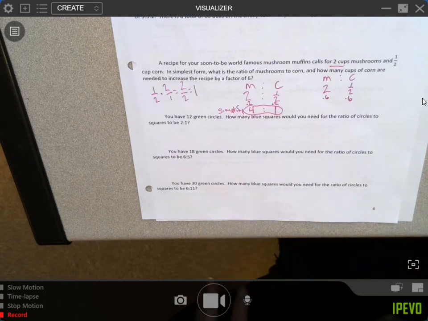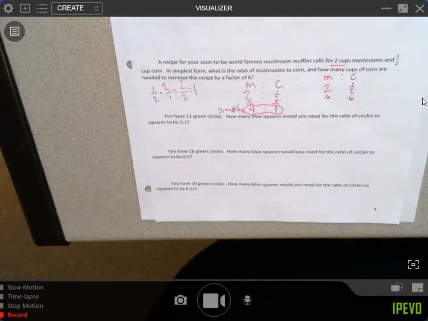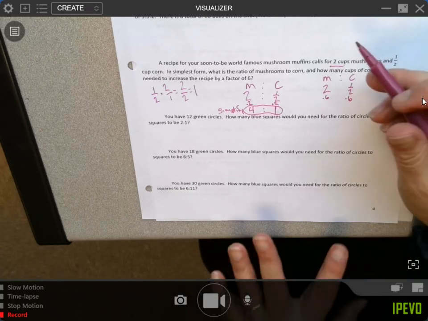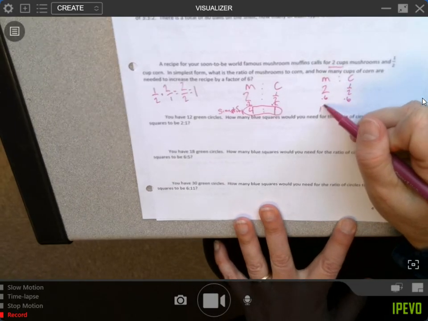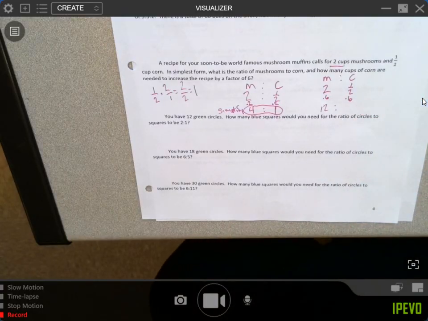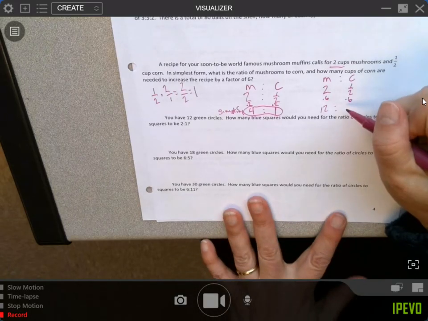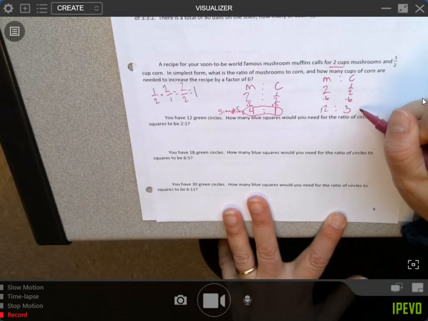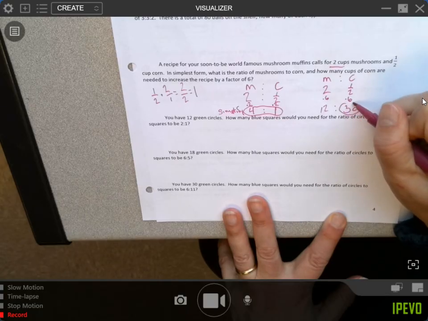Scale factor of 6 means I multiply both sides by 6. So cups of mushroom would be 12. 1/2 times 6 would be what? Harper? 3. 1/2 times 6 is 3. So I would need 3 cups of corn.